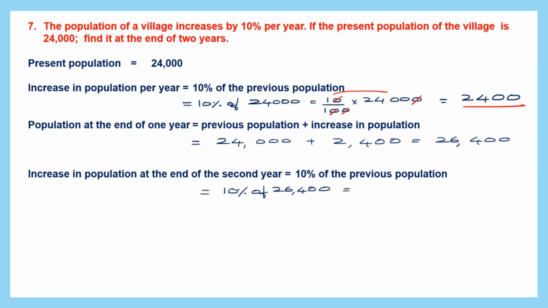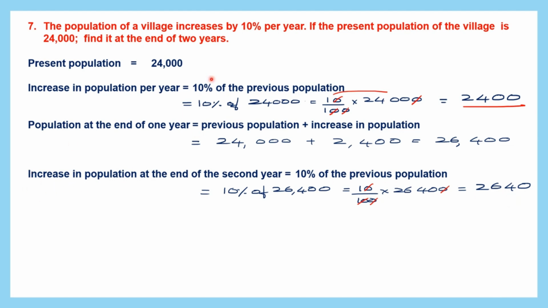So that will be equal to 10 by 100 into 26,400. So let's simplify this. So I remove 1 0 from here, 1 0. Then I take off 1 0. So what do I have now? I have 2,640. This is the increase in population at the end of the second year, 2,640.